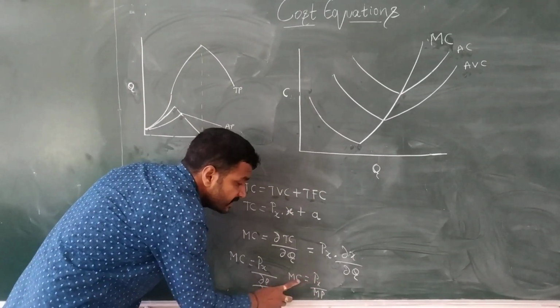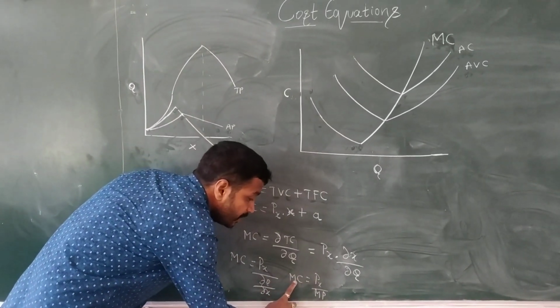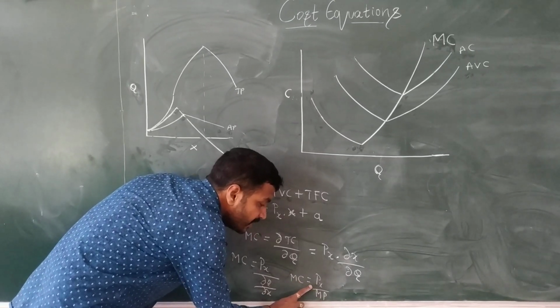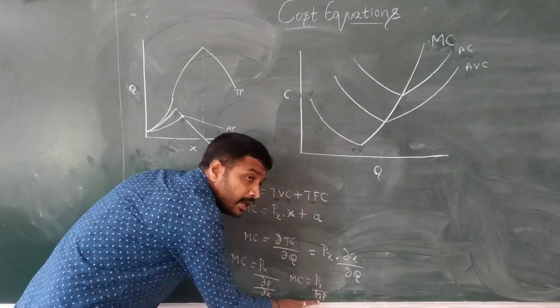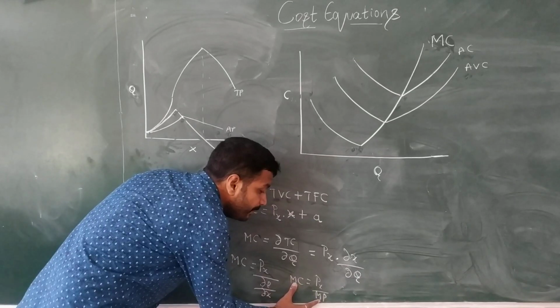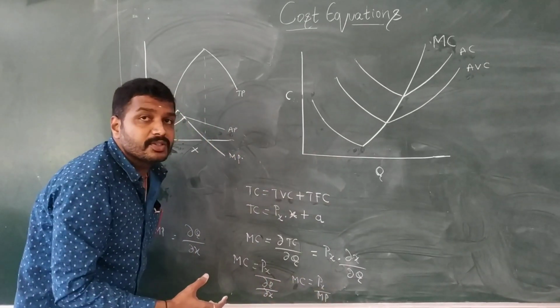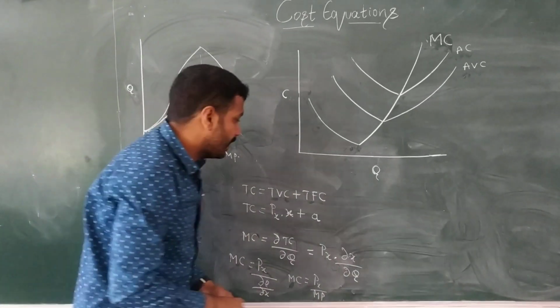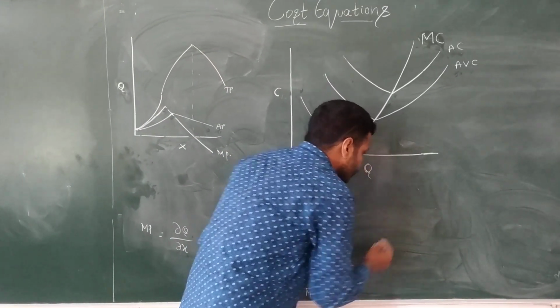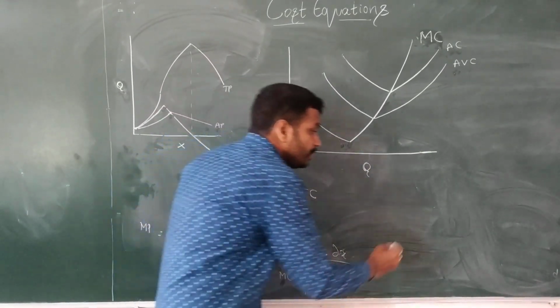Since a constant is there, you can establish an inverse relation. So MC is inversely related to MP, or you can say that MP and MC are mirror images of one another. And we will consider the same expression.